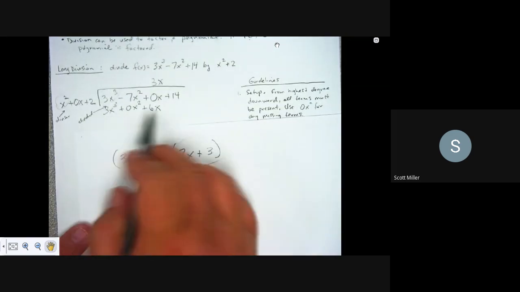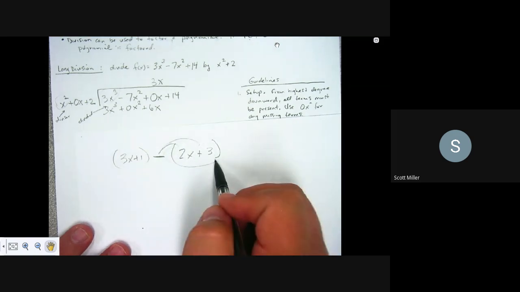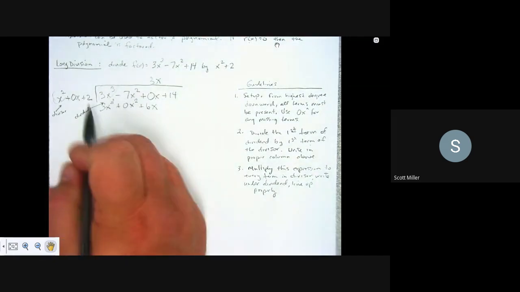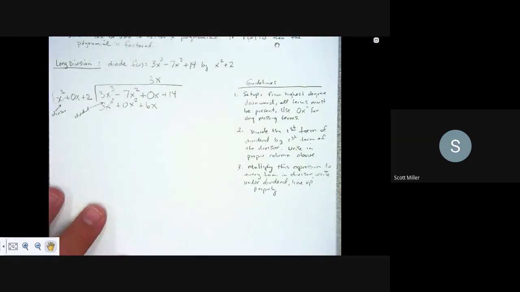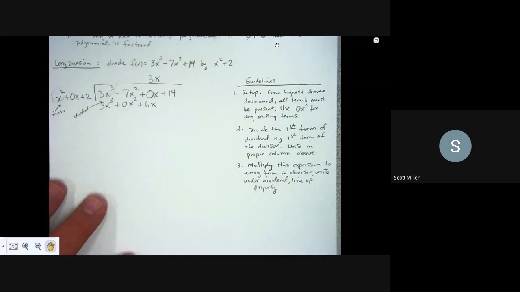Even though you don't see the parentheses here, they're kind of there. And so you would have to distribute this negative sign to get rid of the parentheses. So that's what's going on here. You can't just simply put a minus sign here and subtract. You're going to make sign errors. So what I usually tell people to do is, instead of subtraction, we're going to basically do the distributive property.